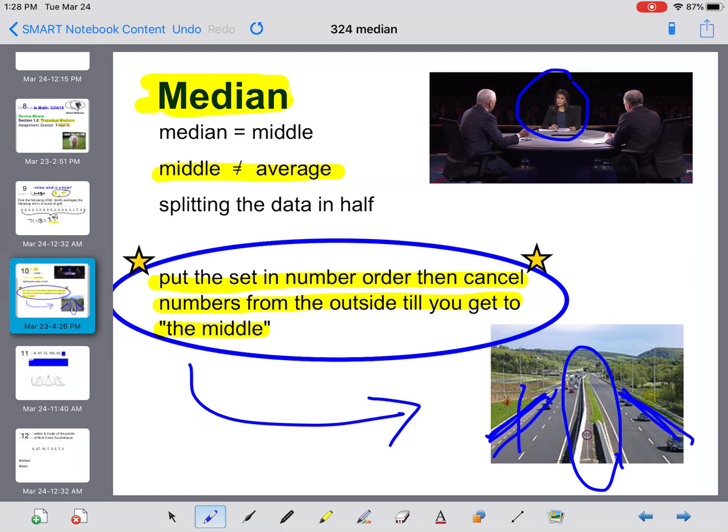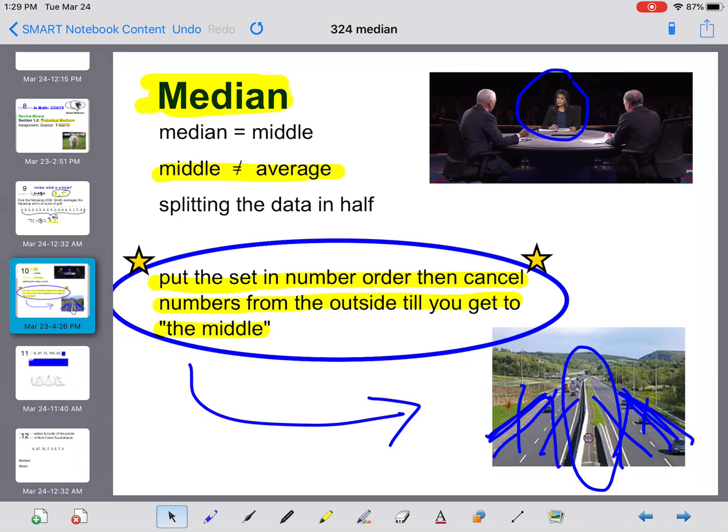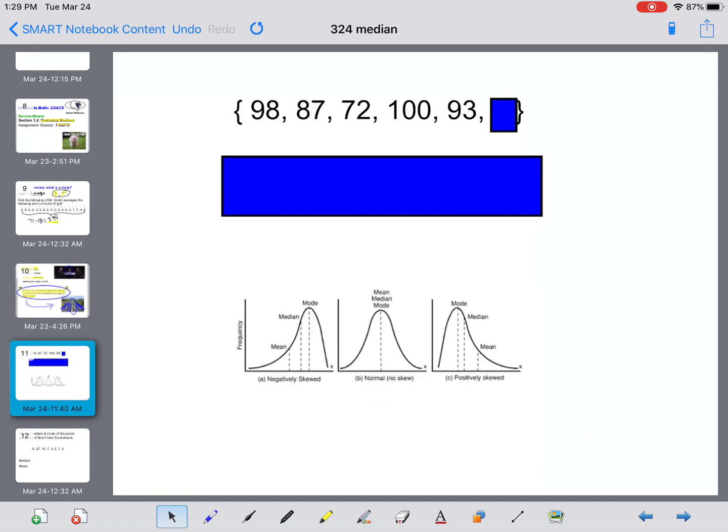Cancel out the shoulder over here. Cancel out one lane because you're going to have to run across, and cancel out the other. And see how if we go from both sides, we'll get to the middle by canceling out what we have on the outside. So, I do not recommend you run in front of traffic, but what we're doing is we're still trying to get to the median in that example.